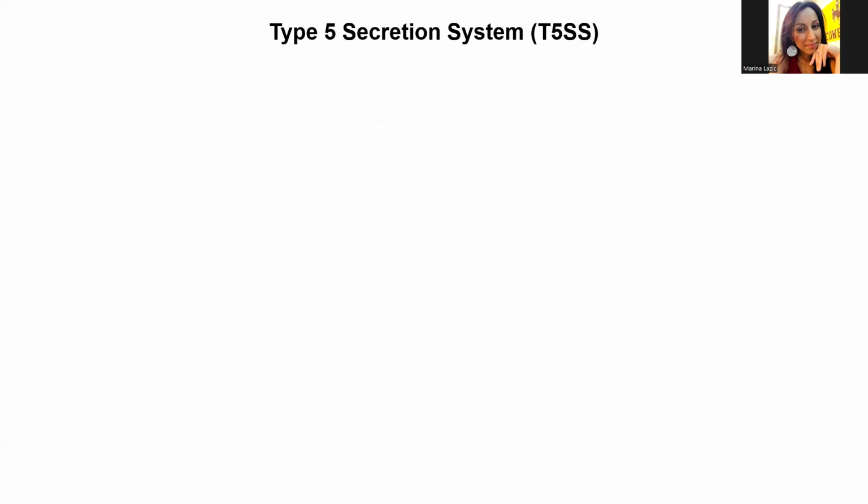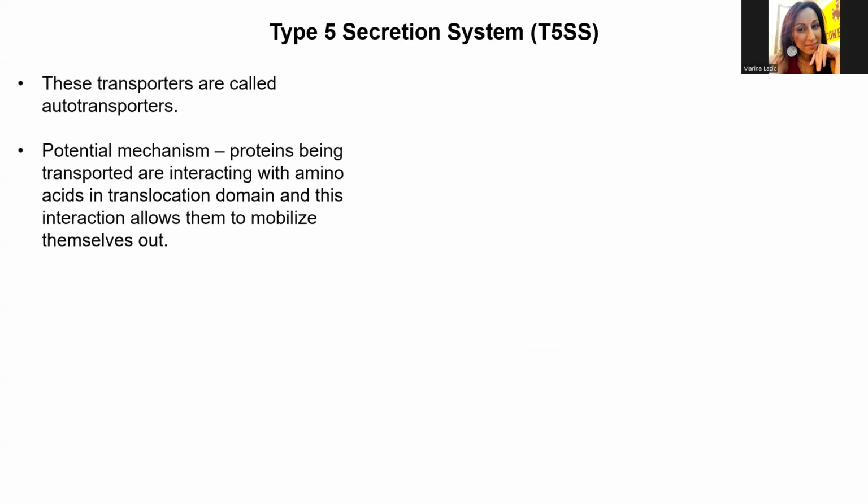The transporters involved with this system are called autotransporters, and you will see why in a few minutes. So this is a potential mechanism, because they're so diverse it's not quite solved yet. I think it's because each of them has a very unique structure.